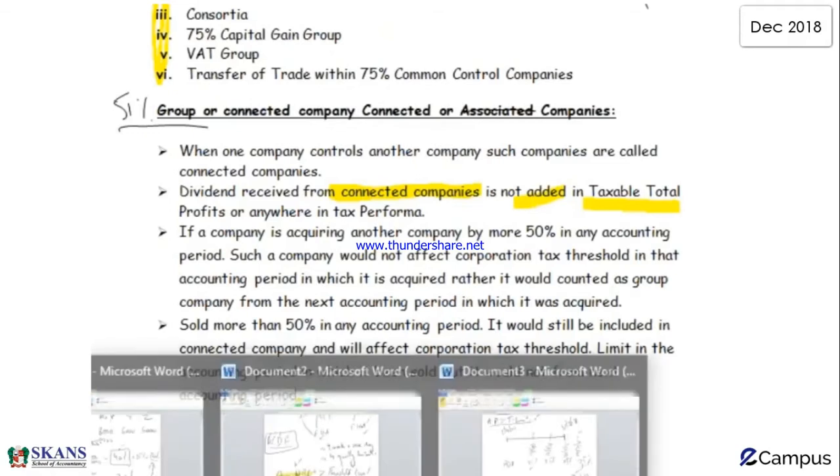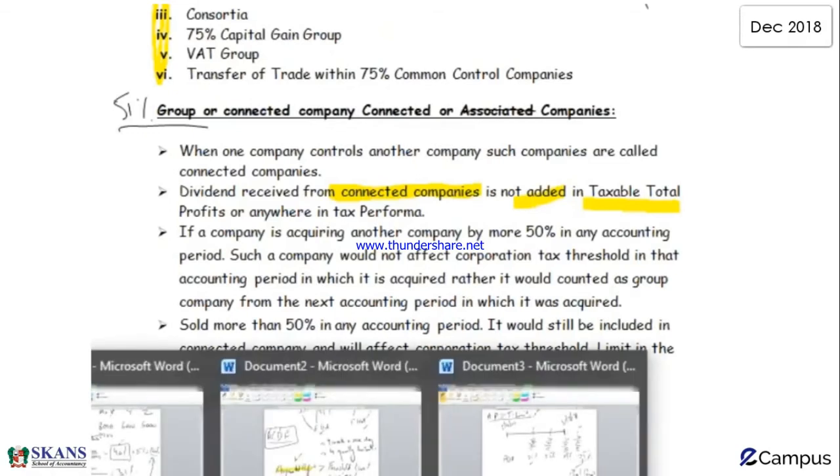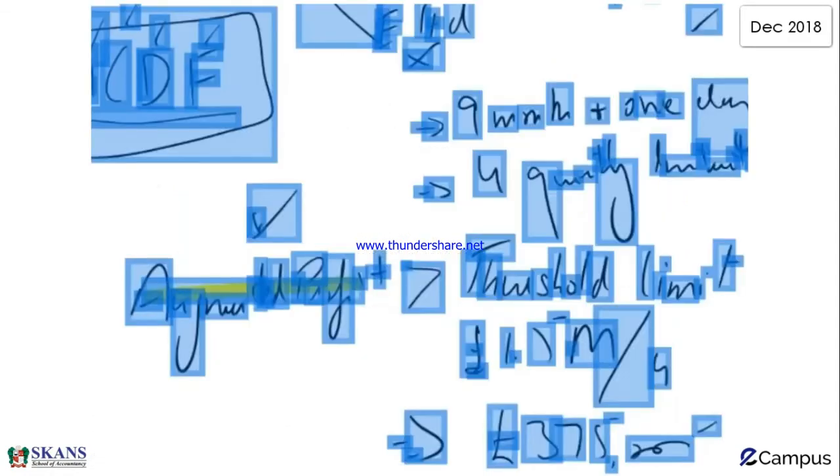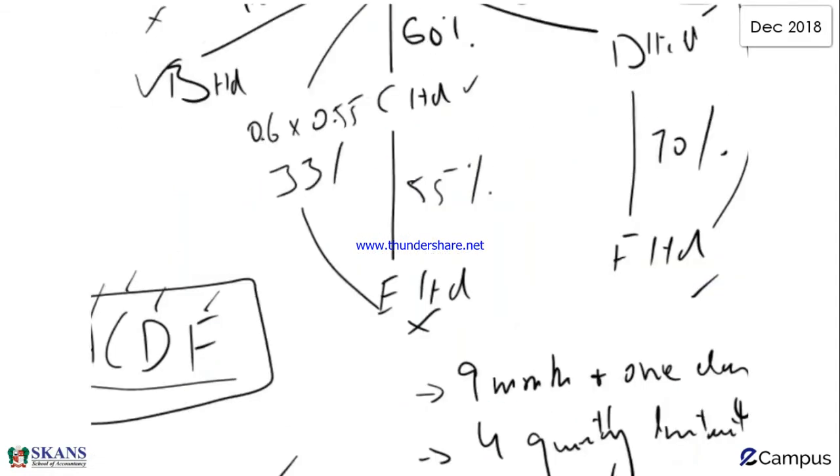Now, let's talk about what if during the accounting period we sold a subsidiary that much that it is no longer a subsidiary, or we purchased the company's shareholding that much that it becomes a 75%. It becomes a subsidiary.